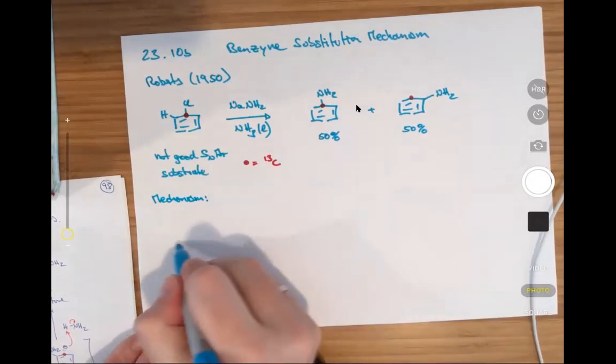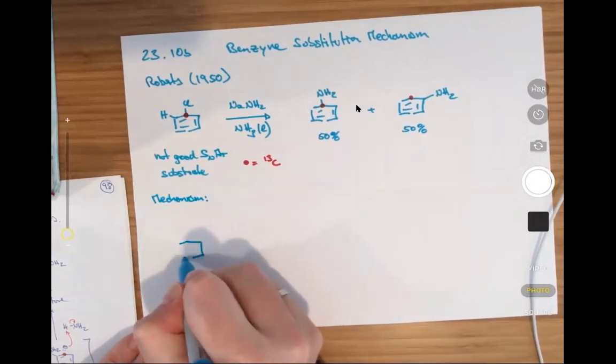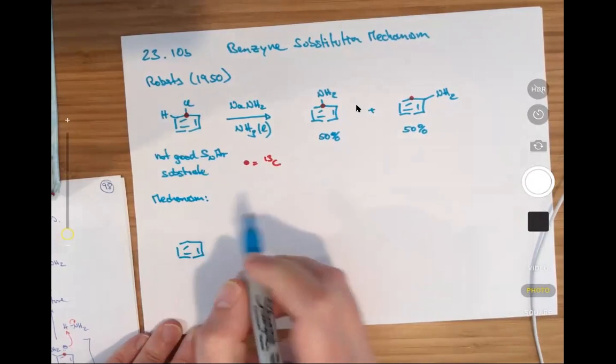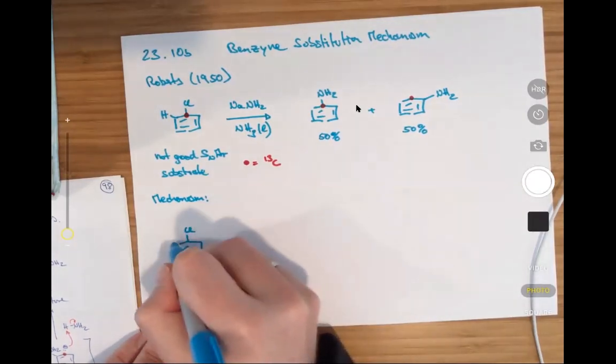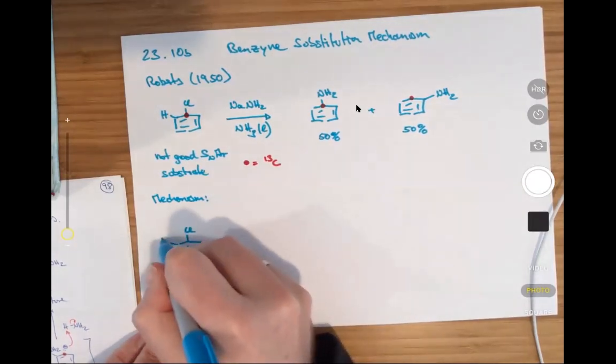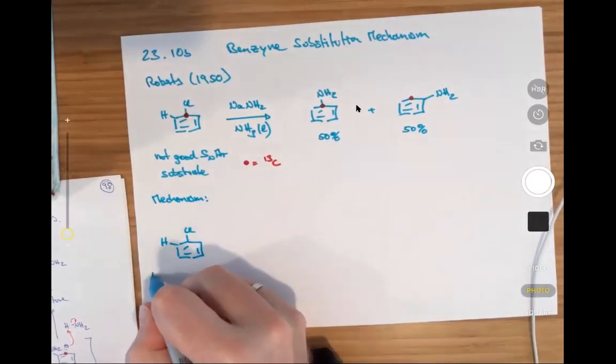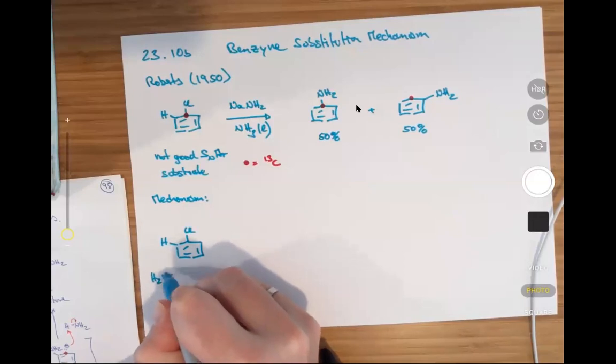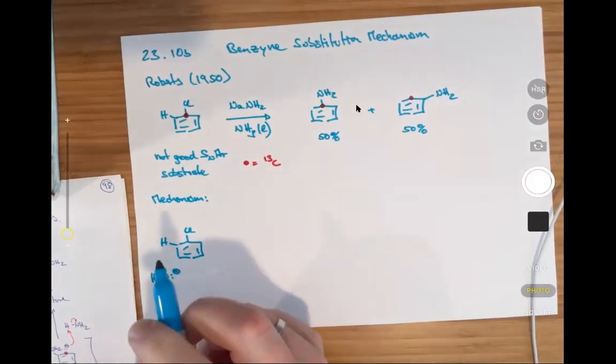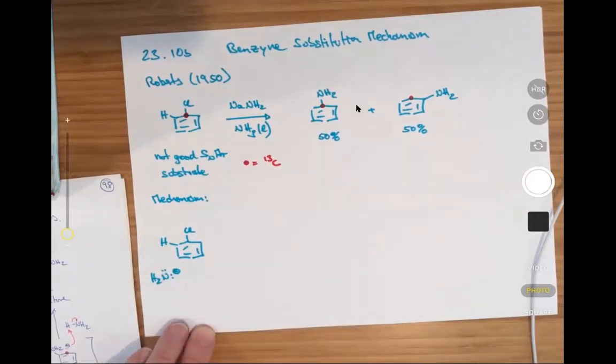Again, if we take our substrate and use the very strong base, sodium amide, H2N minus, it's strong enough that it can deprotonate the aromatic ring.